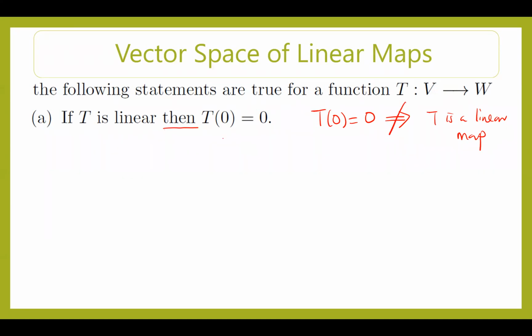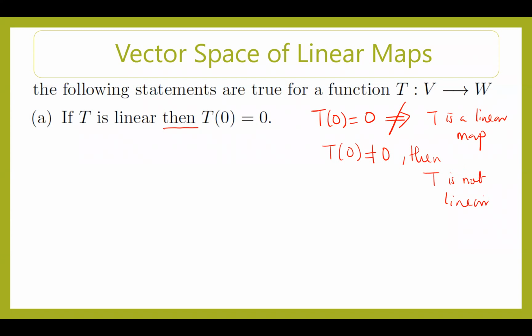However, this is extremely important, because someone would say, but my goal is to show that T is linear, so why is this useful? When you are not sure whether T is linear or not, what is true with this property is that if T of 0 is not 0, then T is not linear. So it's actually very useful to show that some functions are not linear.